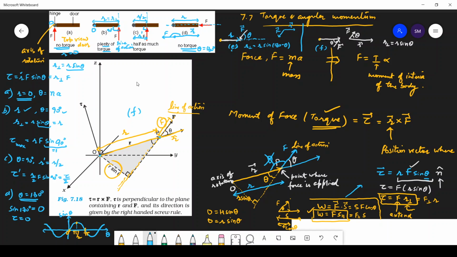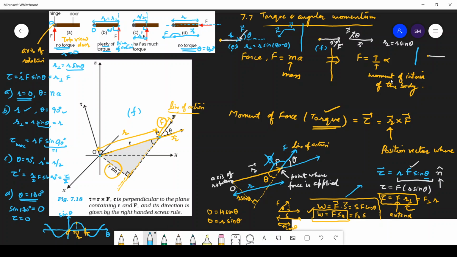And if the angle theta is 0, how can angle theta be 0? If you take one more case, G case, in which theta is equal to 0, how will that case be? See, that's your hinge and this is your door.